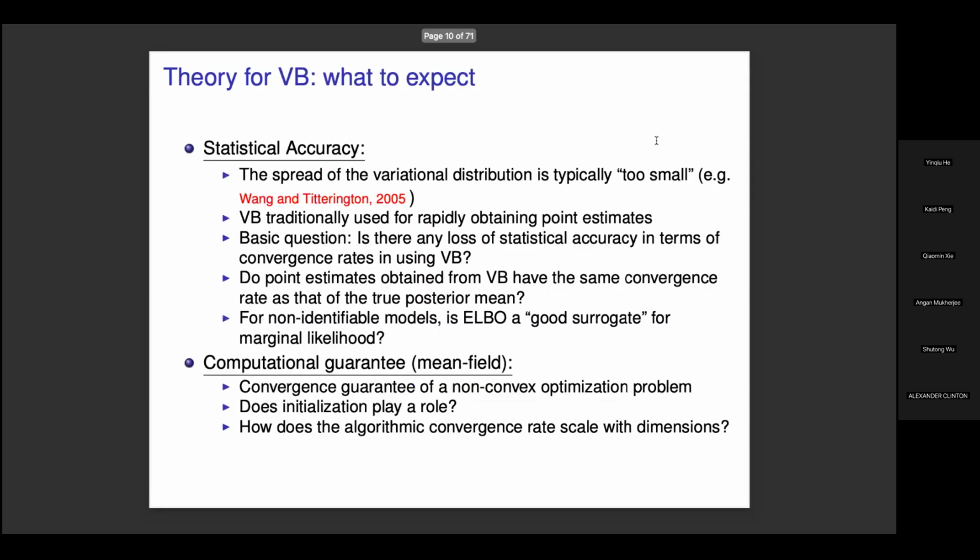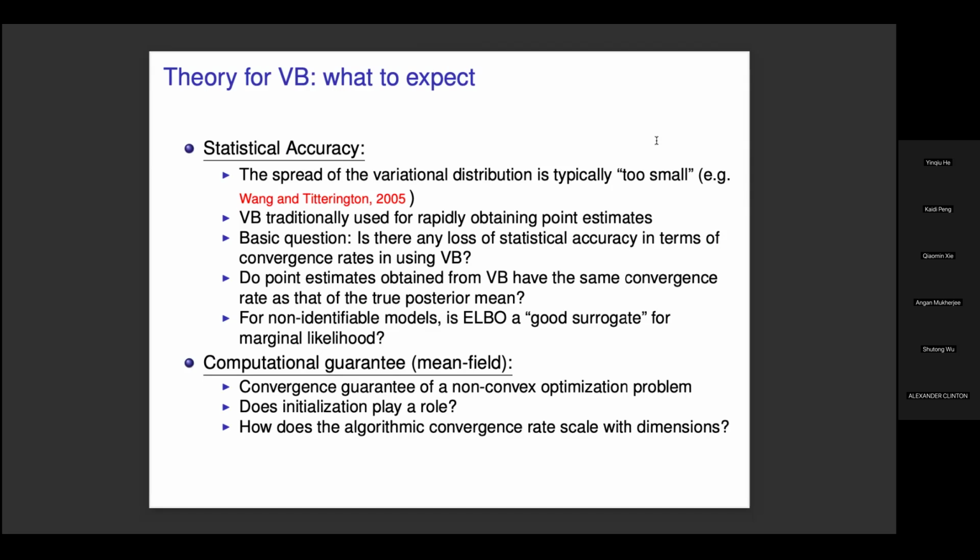So in a sense, there would be a loss in estimating the uncertainty. But variational inference is traditionally used primarily for rapidly obtaining point estimates. And we are going to answer whether there is any statistical loss in terms of convergence rates if you apply variational inference.